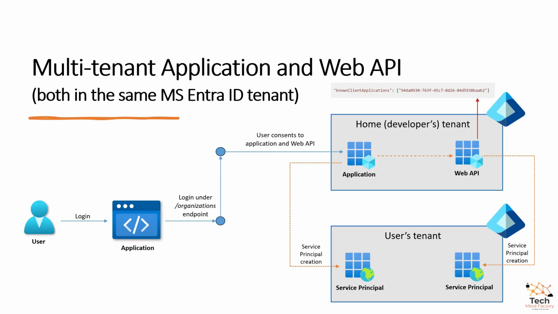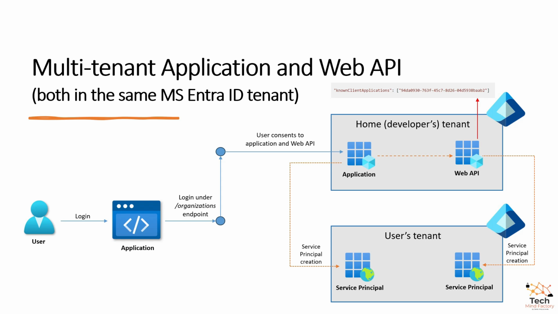And obviously, another method to solve this problem is to use this PowerShell script I mentioned before, where the user's tenant administrator is using this script to create service principals for both applications, so for the application and the web API. So then it's solved. But in case of a scenario where we want service principals to be created when the user is accessing the application and the user consents, then we have to use this non-client applications property.